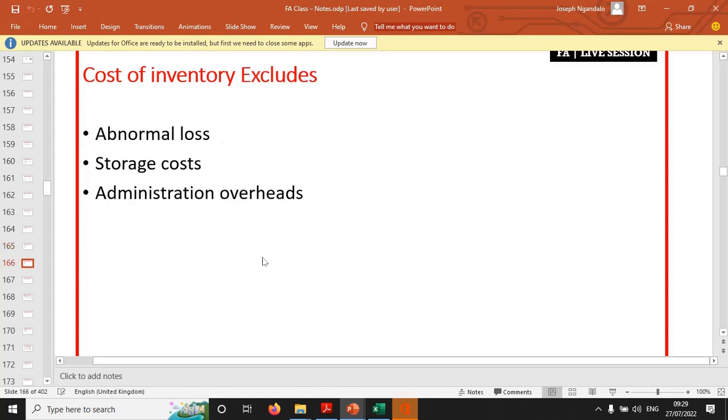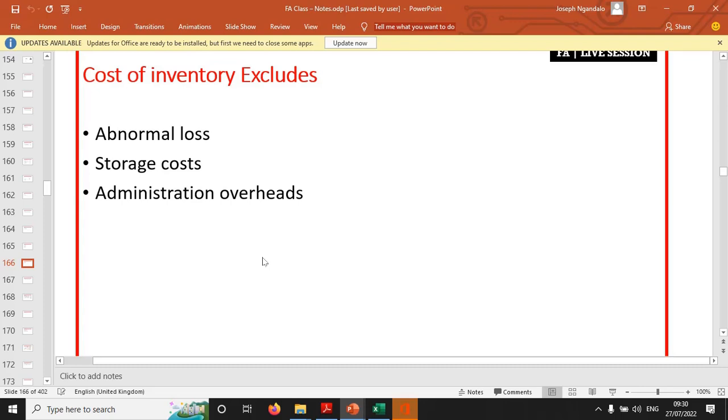What are some of the costs that are excluded from inventory? Abnormal loss: employ somebody who does not know how to operate the machine, and that leads to wastage. That should not be included in the cost of stock. Storage costs, this is an administration expense.